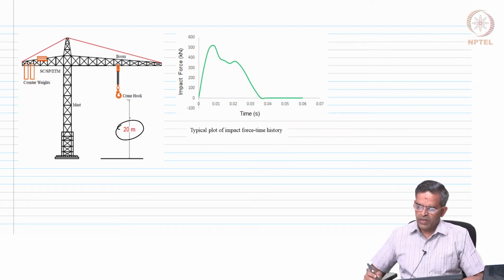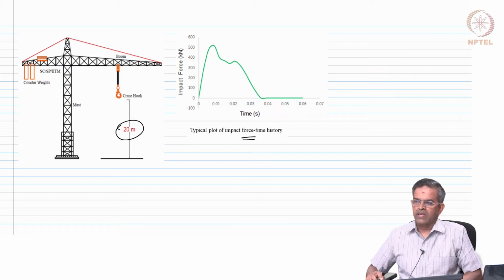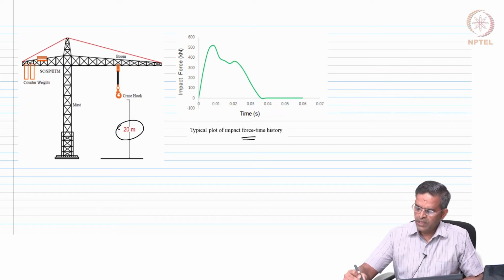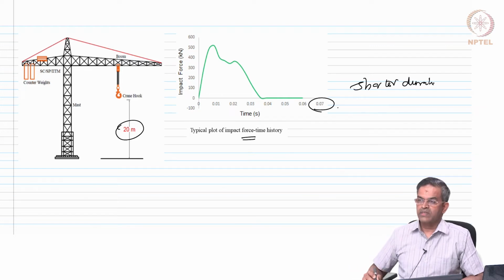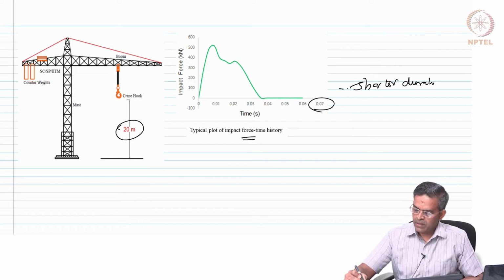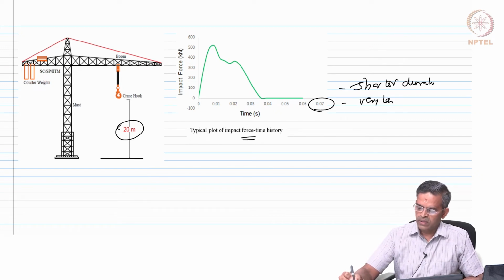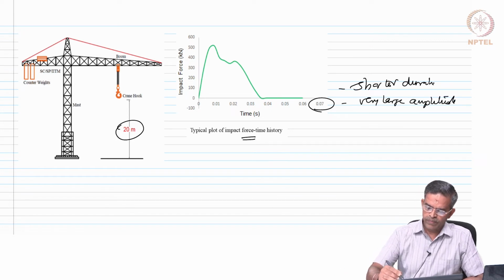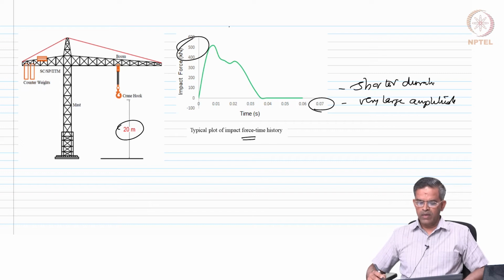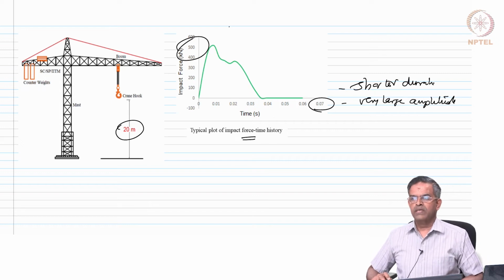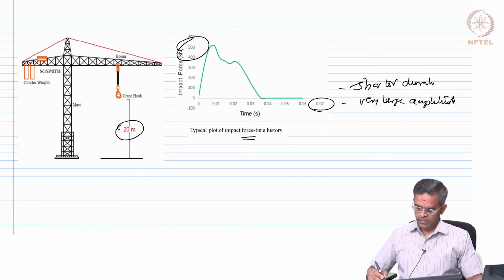Typical time history of an impact force is what you see on the screen here, which has got a very shorter duration. You can see it is only about 0.07 seconds, but a very large amplitude, about 50 tons, etc. So, let us say this kind of a model is being applied for this.